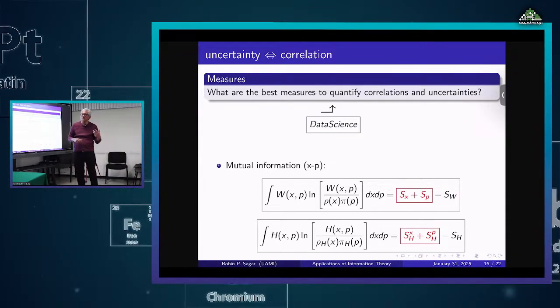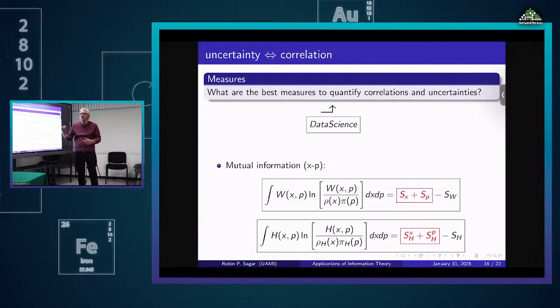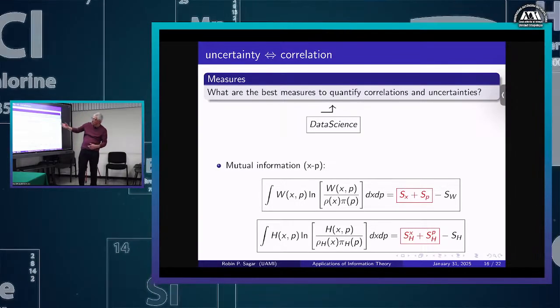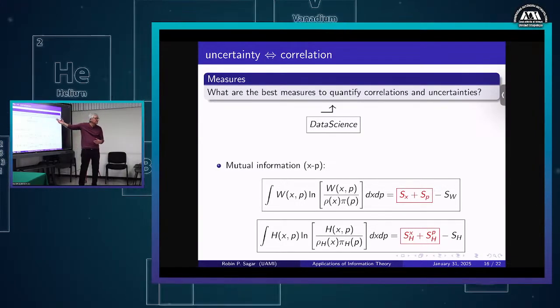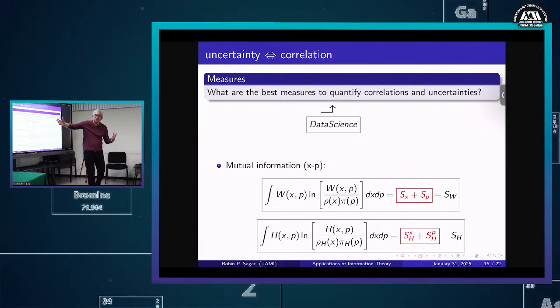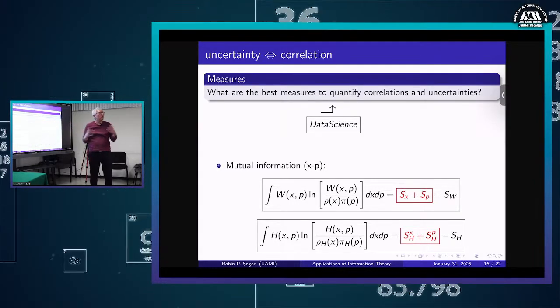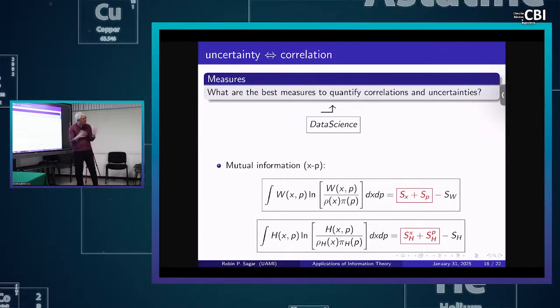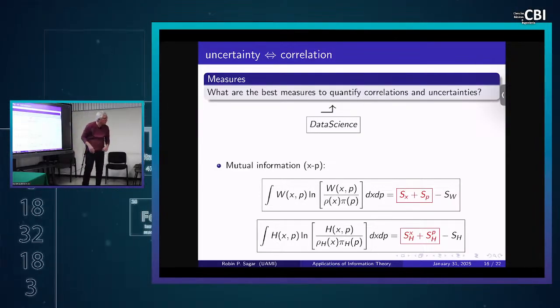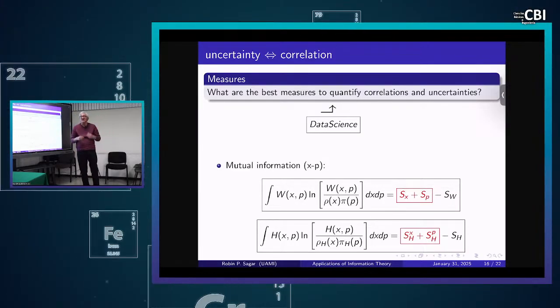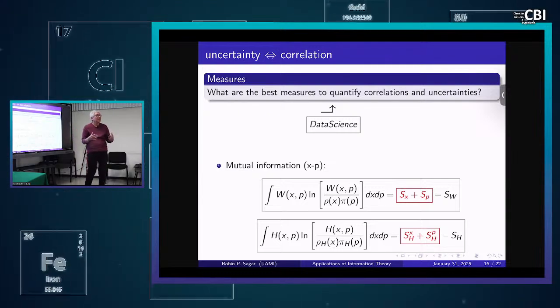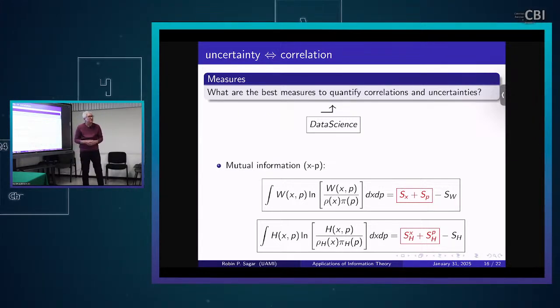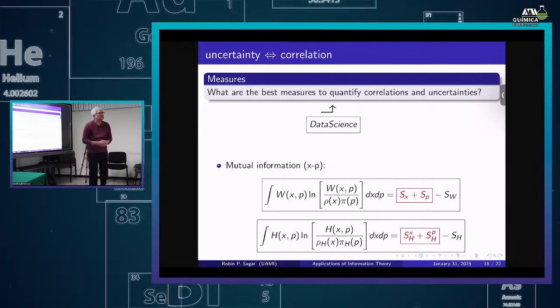Where are they interested in uncertainties and correlations? The answer is data science. What I hope will happen in the future is that communities will start to collide and interact with one another, and we're going to see some real developments in how you measure uncertainties and correlations.